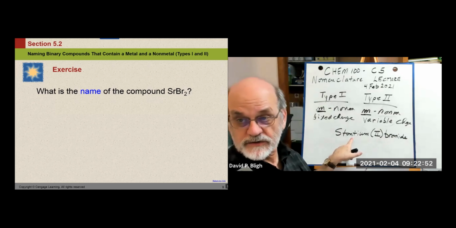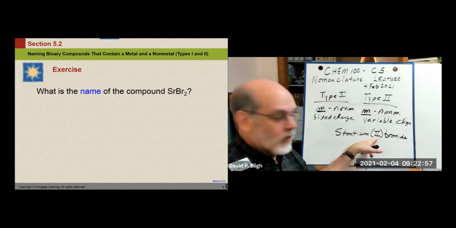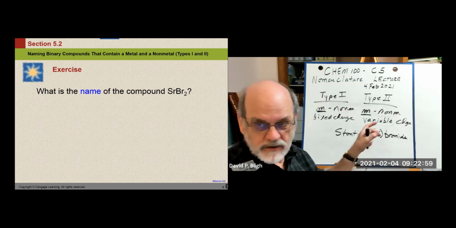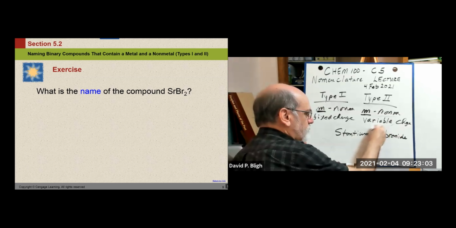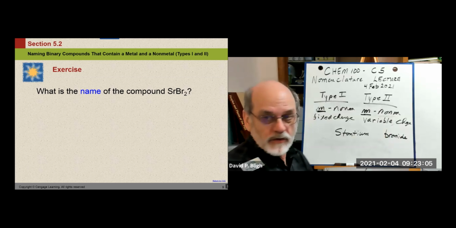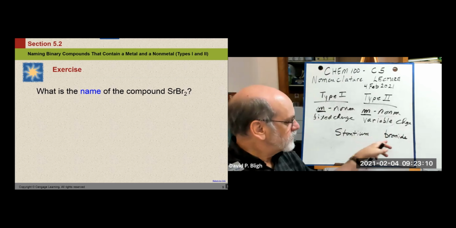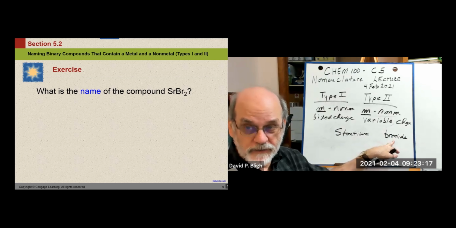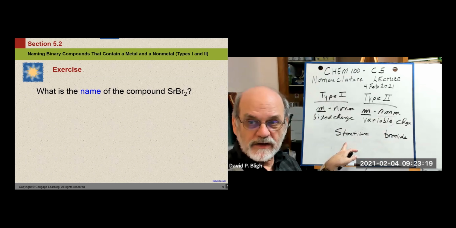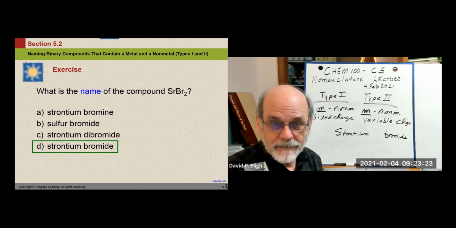Of course, strontium is 2+ charge. It's an alkaline earth. Can't be anything else. So we don't put that in there because you're just saying the same thing over again, and you don't need it. So it's just strontium bromide. And the reason we have 2 bromines in that molecule is because there's only 1 minus charge for each that has to balance a 2+ charge. Okay?